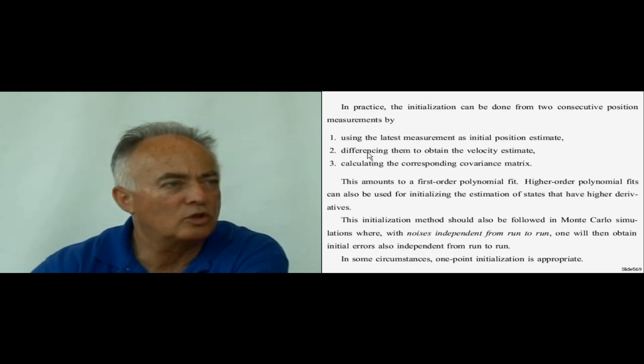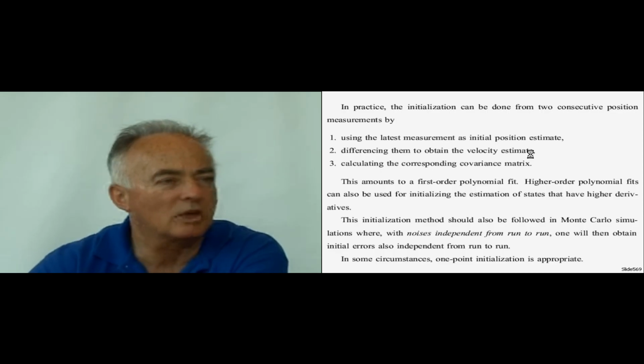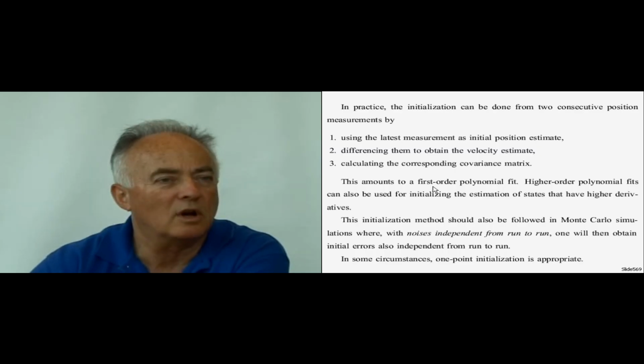Differencing 2 of them will yield the velocity estimate after dividing by t, obviously, and we can calculate the corresponding covariance matrix. This is nothing but a first order polynomial fit to 2 points. A higher order polynomial fit can be used if the state includes higher derivatives.